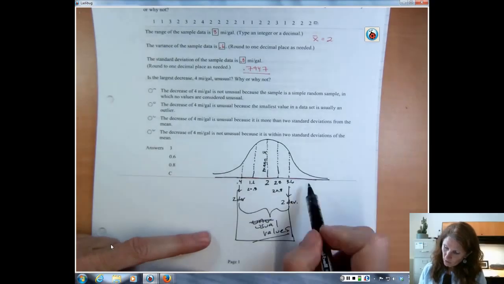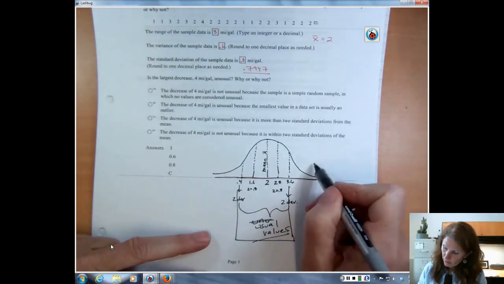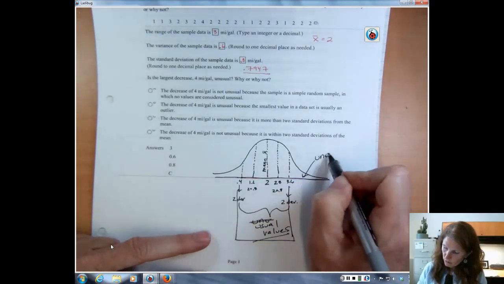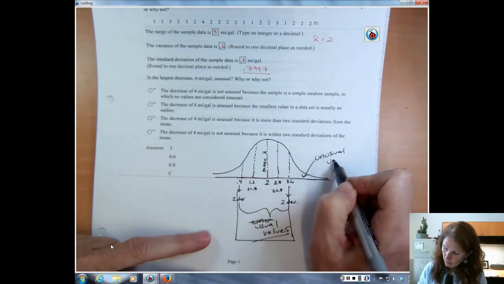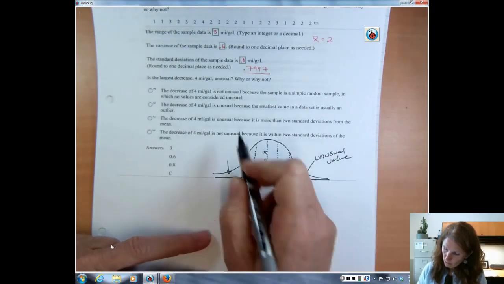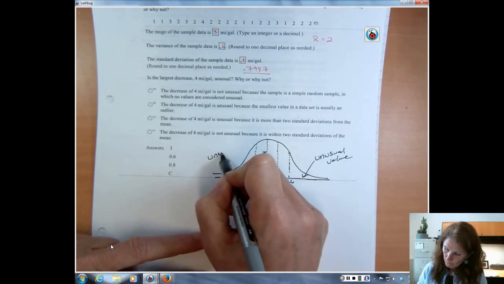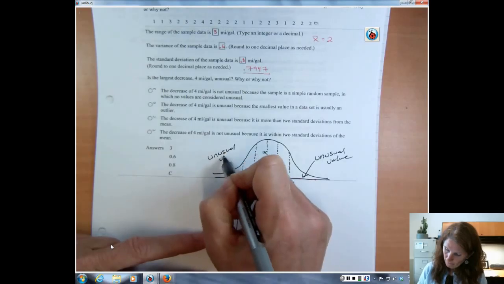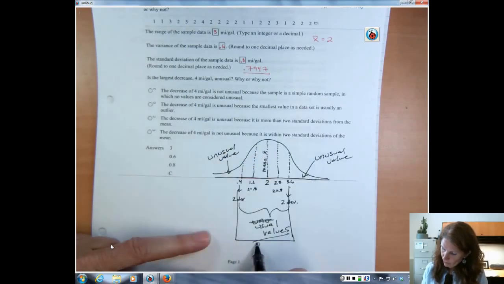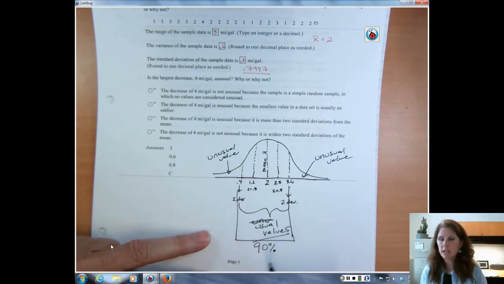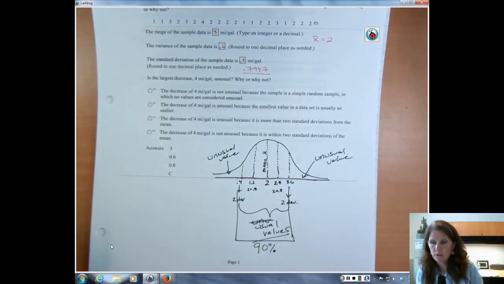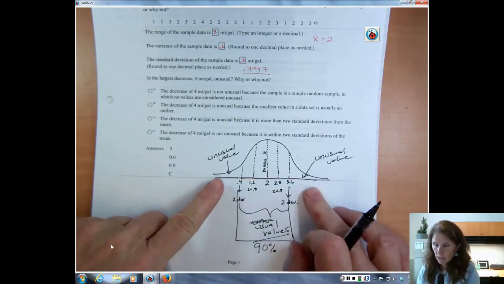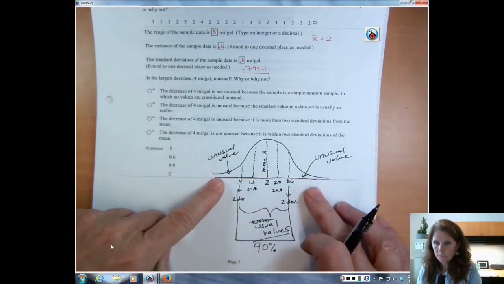So anything out here, these are unusual values, and these are unusual values. It turns out that 90% of the data that we get will fall within 2 standard deviations. And the other 10%, the 5% on either end, those are considered unusual.